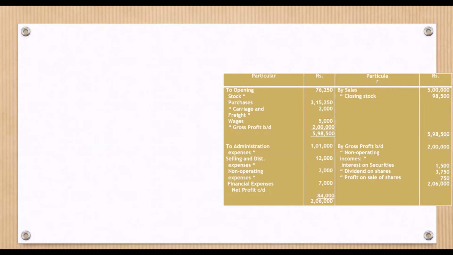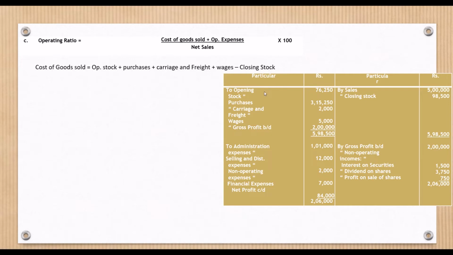The third ratio is the operating ratio. To calculate the operating ratio, the formula is cost of goods sold plus operating expenses divided by net sales. How do we know the cost of goods sold? In a simple way, in a trading account, if we add all the expense items, meaning opening stock plus purchases, carriage, wages, and from these expenses if you deduct the closing stock, we'll get the cost of goods sold.